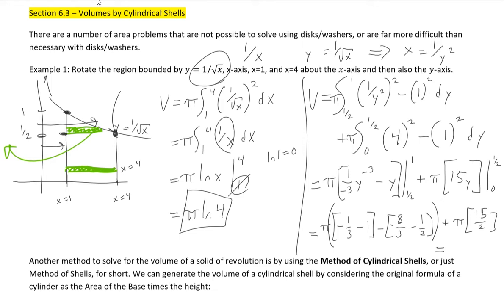So we have negative 7/3 plus 7. 7 times 3 is 21. That's actually a positive 7/3. So that's 21 plus another 7 gives me 28/3 times pi. Okay, 28/3 pi. Notice how long that took and how gross that is. There's another way of solving that, and that's what we're going to show here.